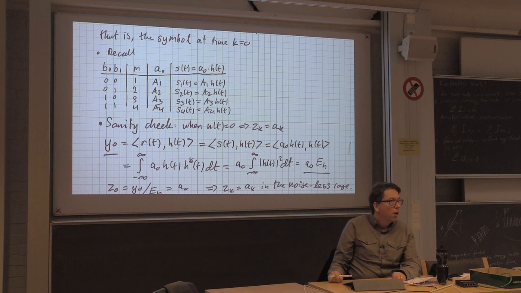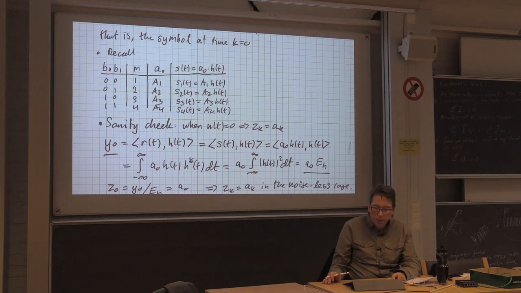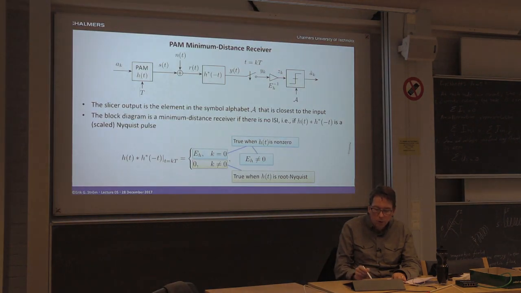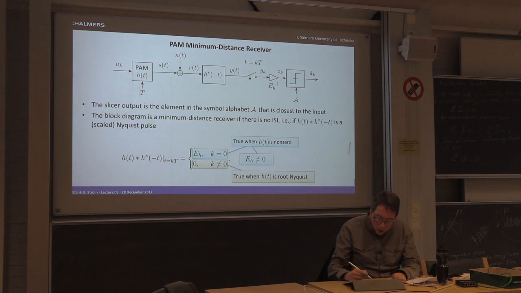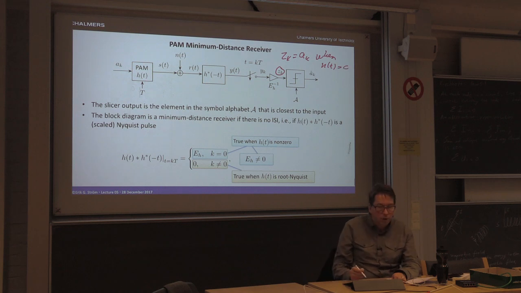Are we done with this? No, not really. If we go back and look at our receiver structure, what we have shown now is that Zk is equal to Ak when the noise is equal to 0. But we actually already suspected that because we have chosen h to be a root raised cosine pulse, root Nyquist pulse, sorry.